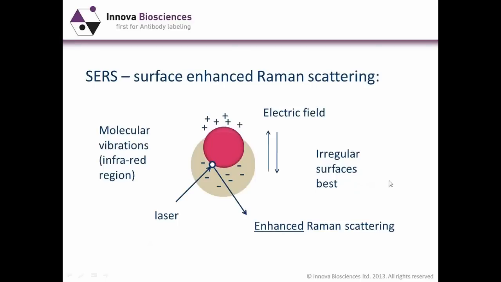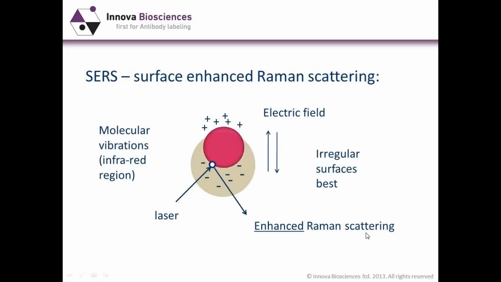Another application we've come across quite a lot is SERS, or surface enhanced Raman scattering. You see this more with silver particles than gold, but there is quite a body of literature on gold too. So Raman scattering is connected with molecular vibrations. It's in the infrared region of the spectrum, and if you place a molecule on the surface of gold which is excited because there's incident light to give this polarization which establishes an electric field, then you see enhanced Raman scattering.